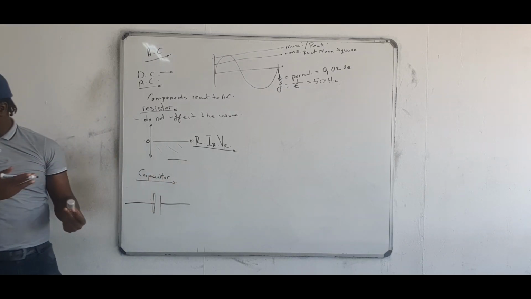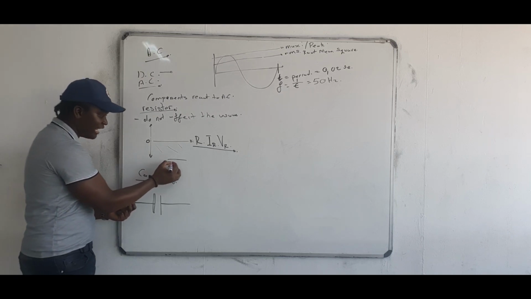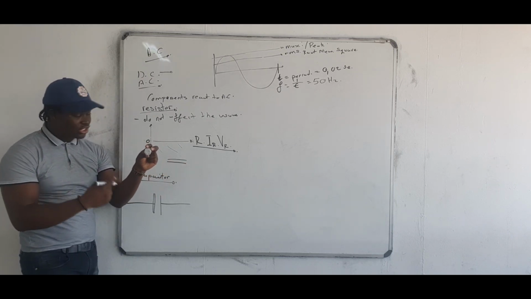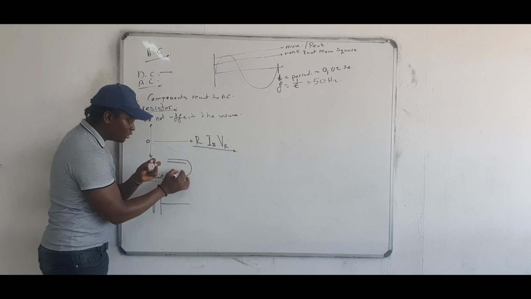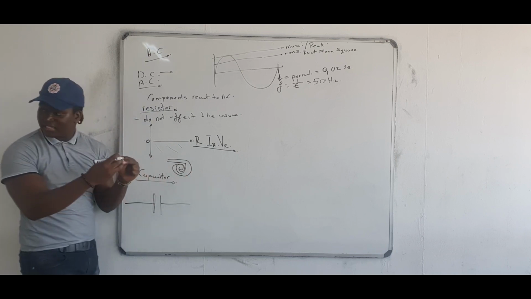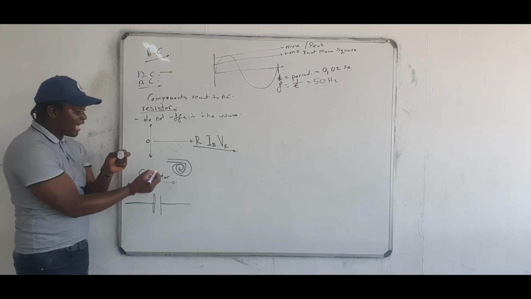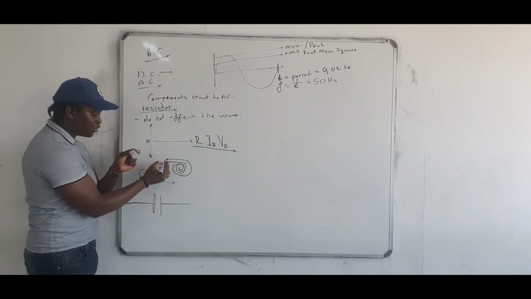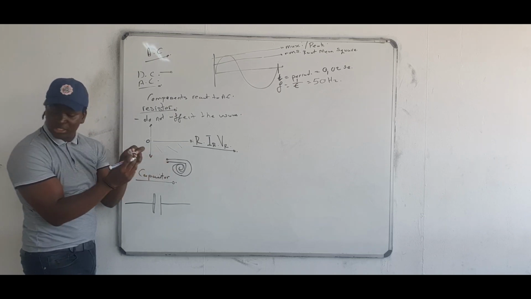Let's just call them sheets. There are sheets like this, but these sheets are rolled around in circles to make this cylindrical thing that you see here. And each sheet has a terminal that is connected to the output.